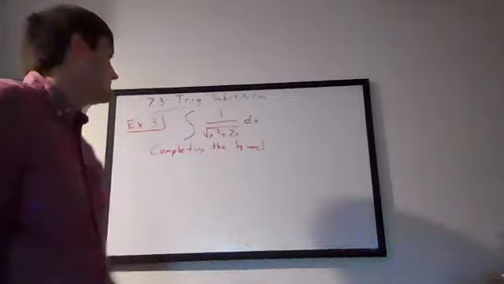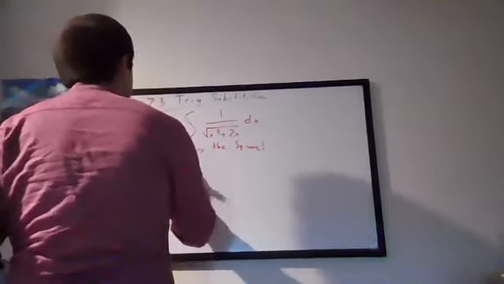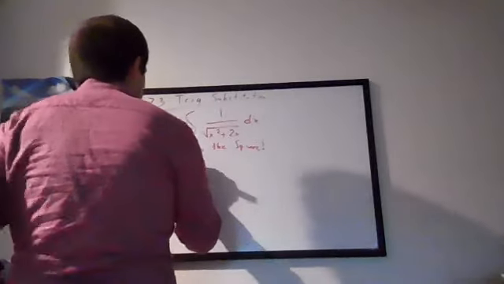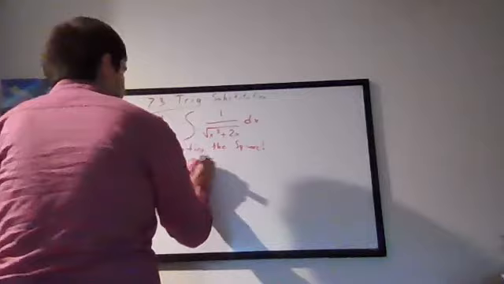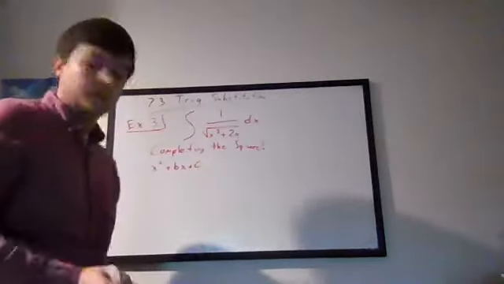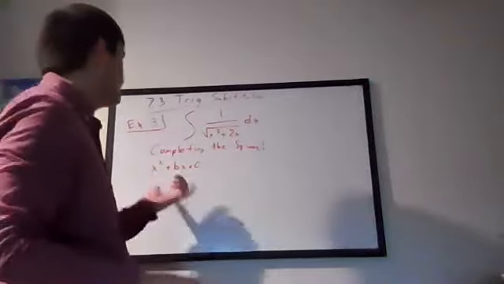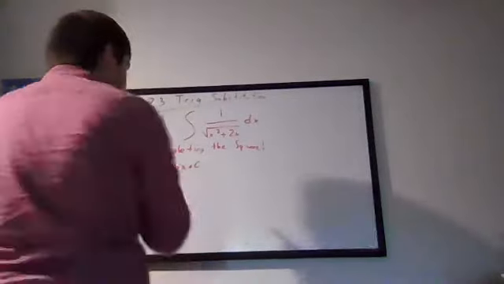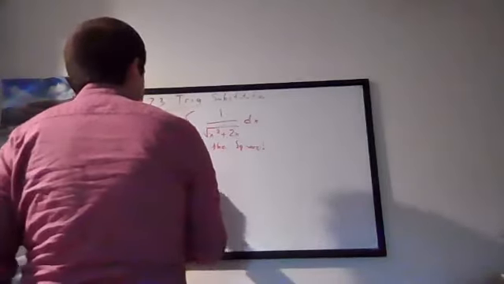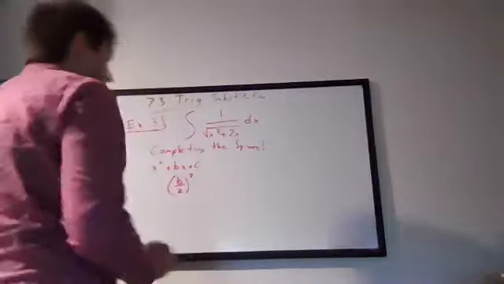Okay, so if we remember, if I had x squared plus bx, and maybe even a plus c term of some sort, right? If I wanted to take this and rewrite it so that I had x plus something squared plus something else, what I would do is take that b term and divide it by 2, and then square it, okay?